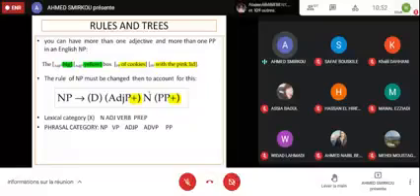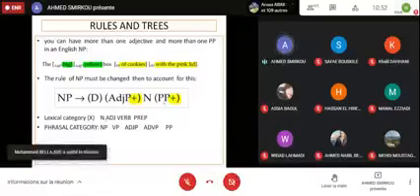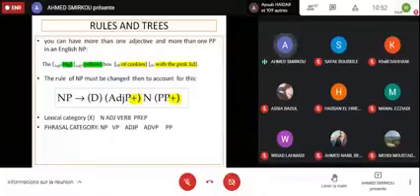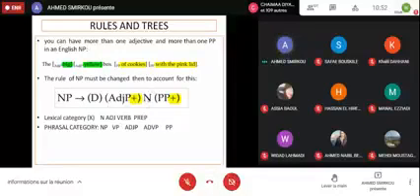Only one lexical category. In this case, it is noun. And optional phrasal categories. I repeat, the phrase must consist of only one lexical category, which is the noun here. If we have adjective phrase, then adjective here. If we have adverb phrase, then adverb here. If we have verb phrase, then verb here, etc.